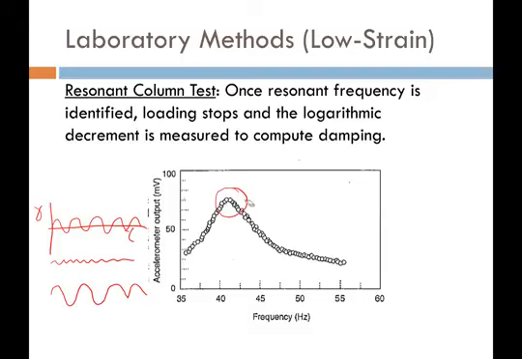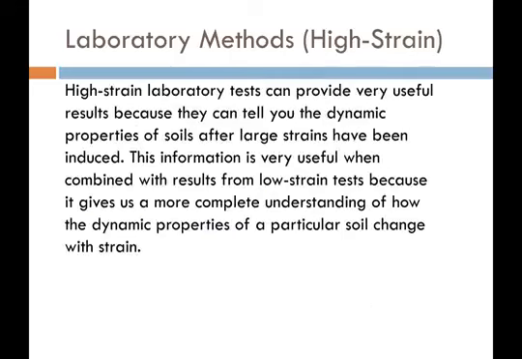That would be the soil's resonant frequency, where resonance is occurring in the soil. And from that, we can compute our dynamic soil properties as well as our damping properties.